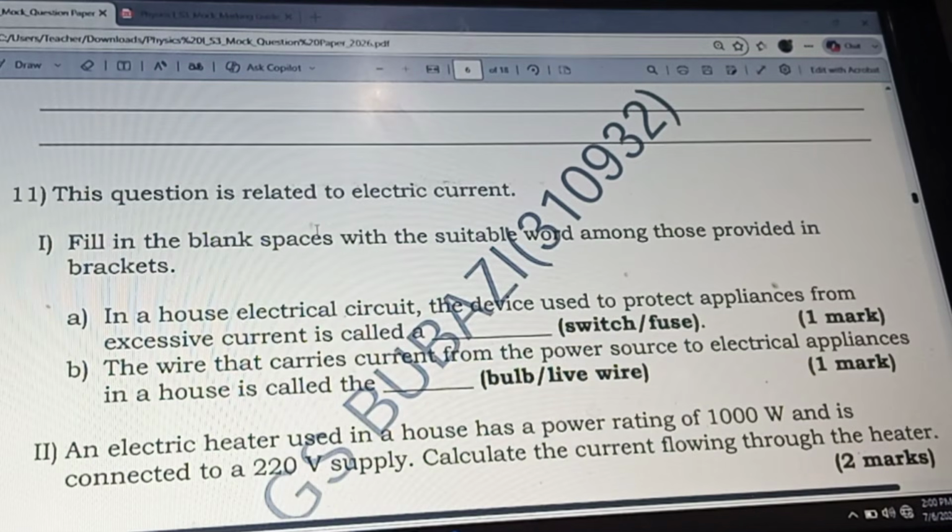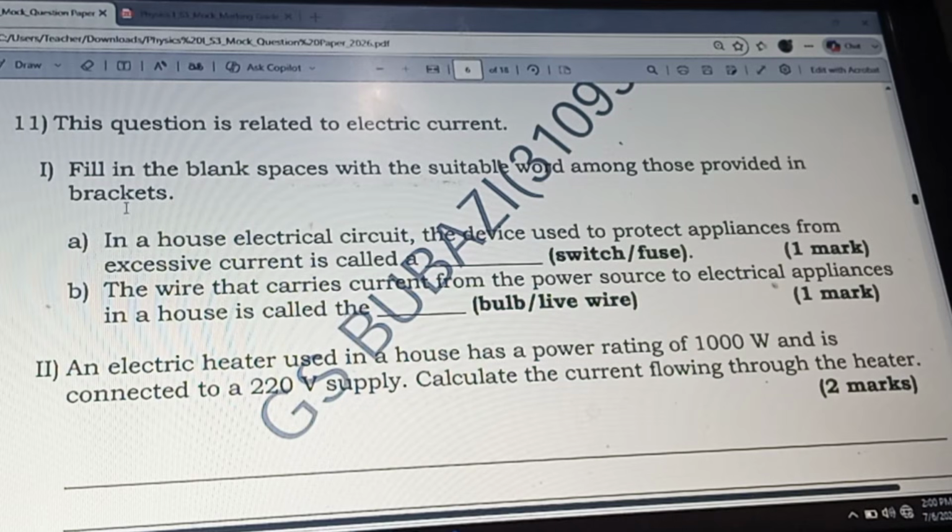This question is related to electric current. I. Fill the blank space with the suitable word among those provided in brackets. A. In a house electrical circuit, the device used to protect appliances from excessive current is blank. It is fuse.